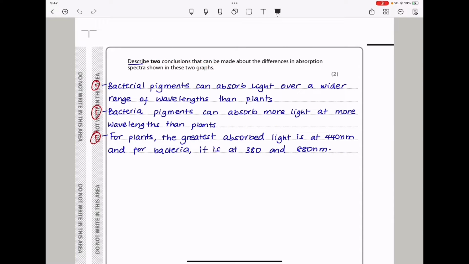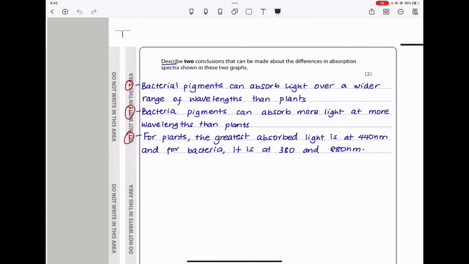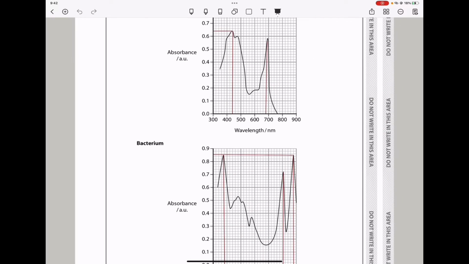Describe two conclusions that can be made about the differences in absorption spectra shown in these two graphs. Of course, this is similar to what I've said. Bacterial pigments can absorb light over a wider range of wavelengths than plants, and bacterial pigments can absorb more light at more wavelengths than plants. This is what I've shown here.